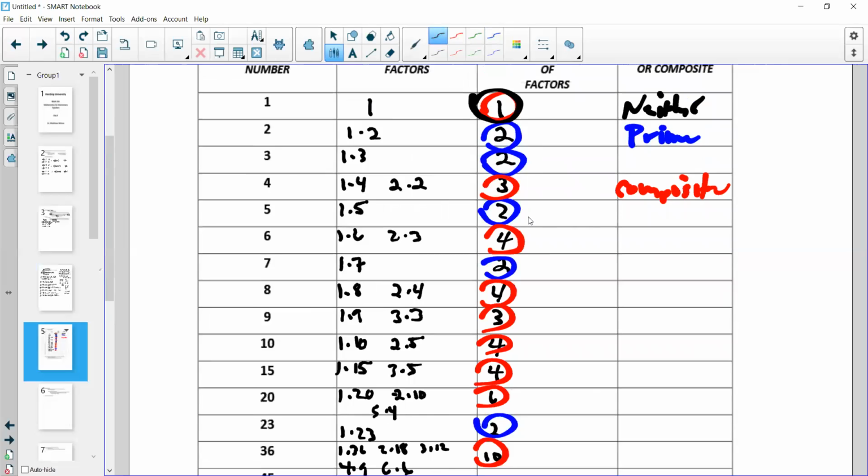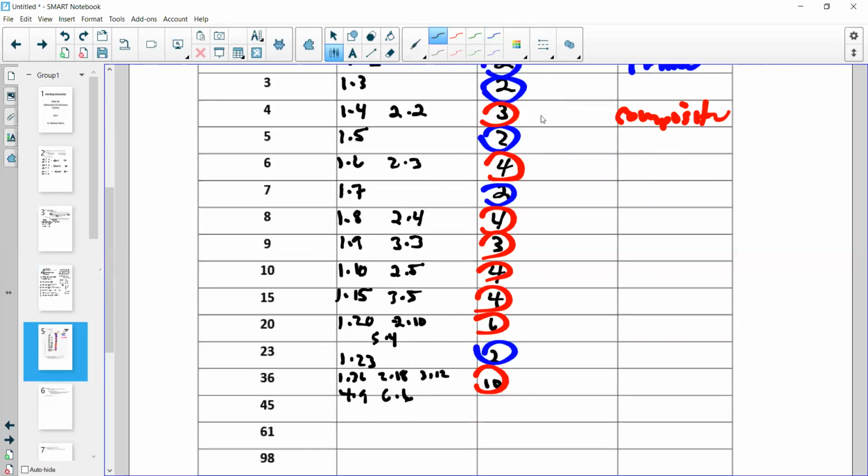So again, if it's a prime number, we're only looking at two factors. If it's a composite number, we know we have 3 or more factors. And what did we say about 1? 1 is neither prime nor composite.